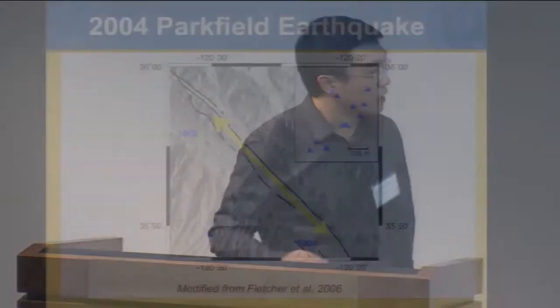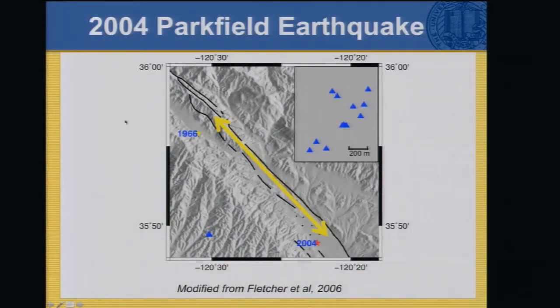The closest example we have is the 2004 Parkfield earthquake, where we have a kilometer-scale array with a dozen sensors located about 10 kilometers away from the earthquake. So the question is, what would be a simple approach that we can use to track the ruptures and get the information we need for real-time earthquake early warning?